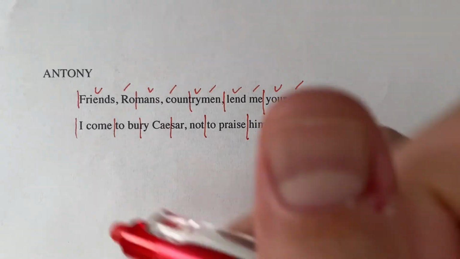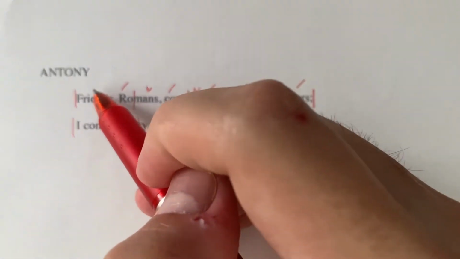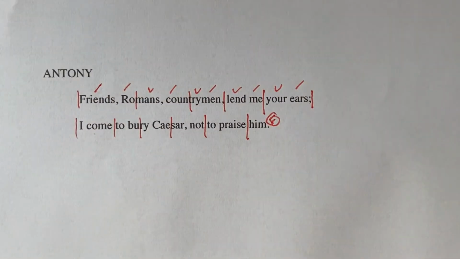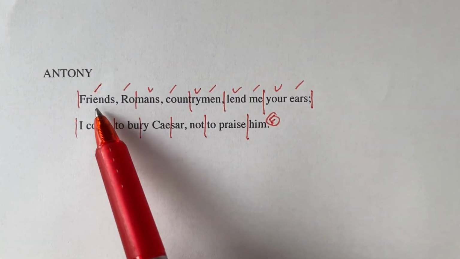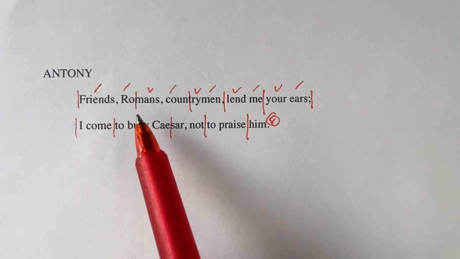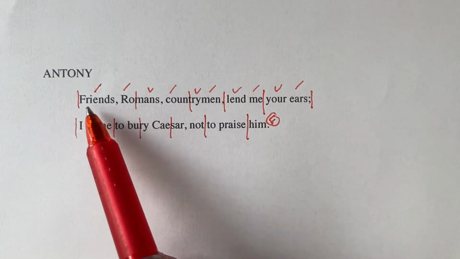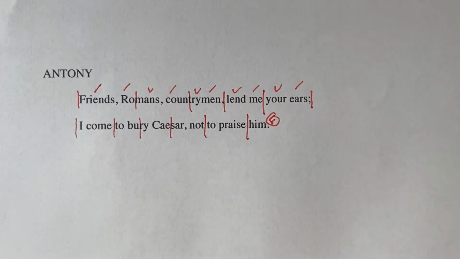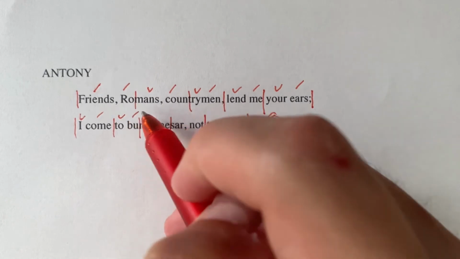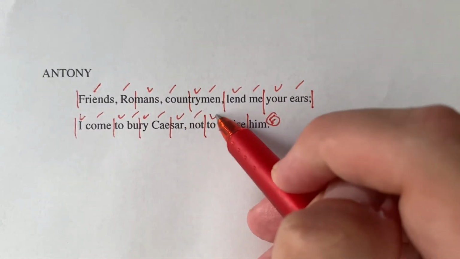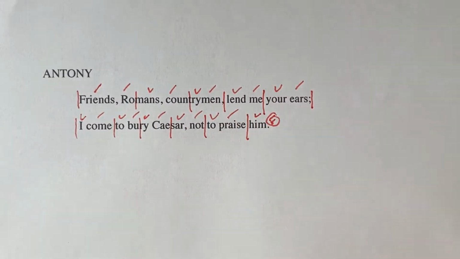Just by accenting the first word, we can bring attention to the word friends, as if he's trying to get the crowd's attention. Friends, Romans, countrymen, lend me your ears. I come to bury Caesar, not to praise him. And here's our feminine ending.